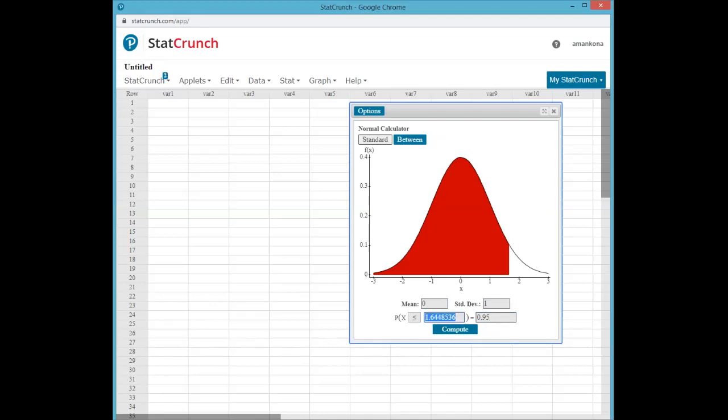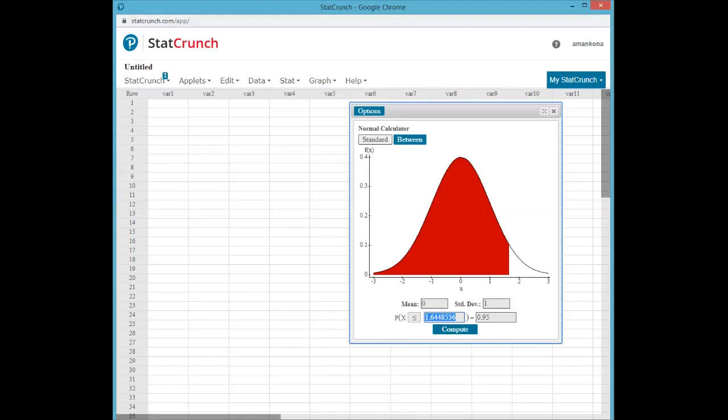Now you see that we got 1.645. I can use the table to find the same thing, which we did in 6.1. That's why I'm not doing that. So the z value is 1.645 to 3 decimal places in this case, because that value falls between 1.64 and 1.65. When you take the average, it gives you that value.